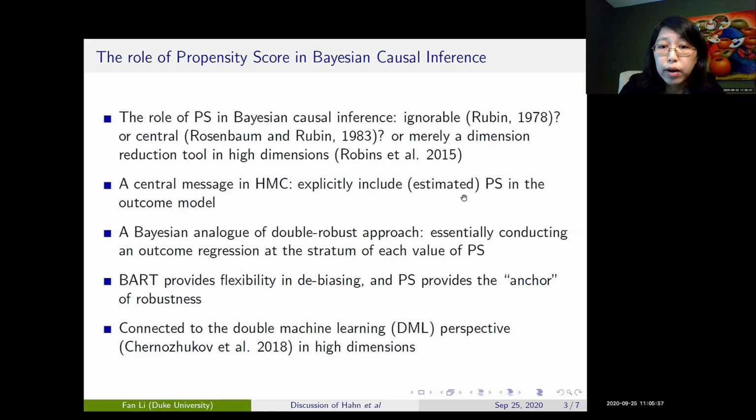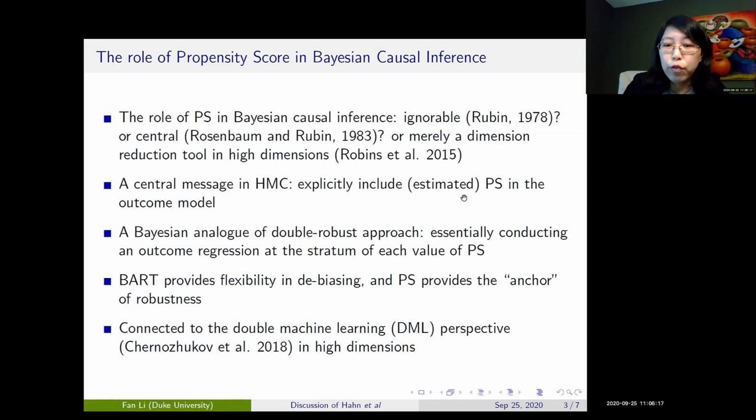How I view the Hahn et al. idea is that it's almost like a continuous version of propensity score stratification. And then at each precise value of the propensity score, you do an additional outcome model.